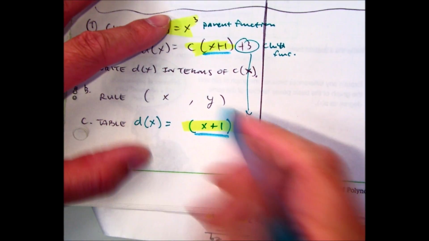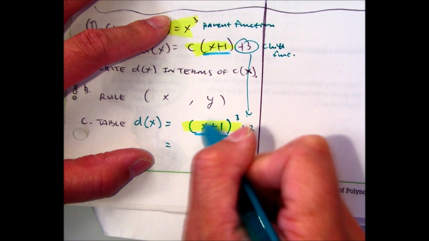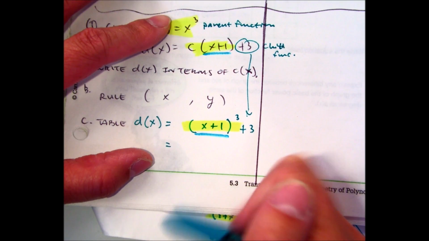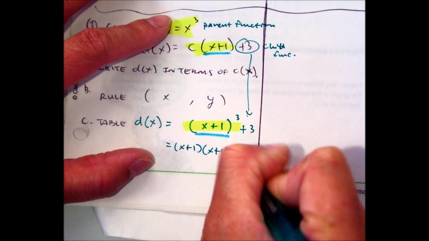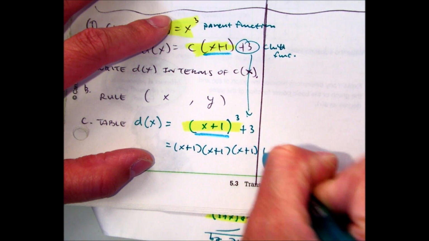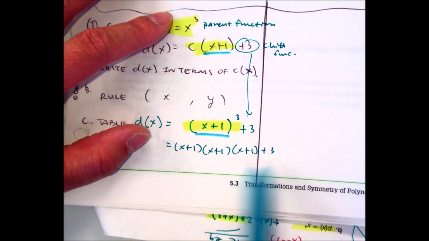To finish this problem, x plus 1 to the third power, is it going to be x to the third plus 1? No, you got to expand that out. We've been working on that, right? So I'm going to multiply those with the box first, and then I'll just add 3.